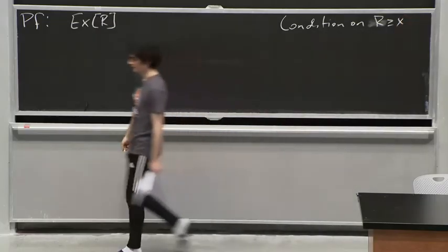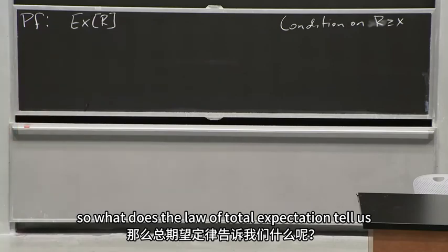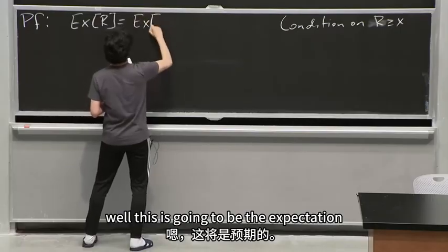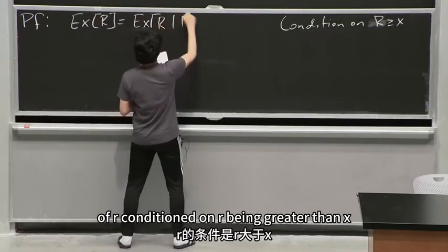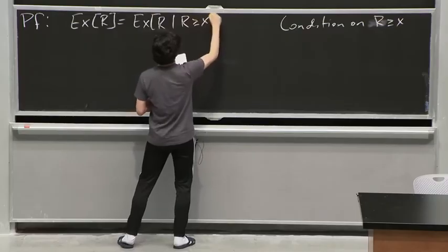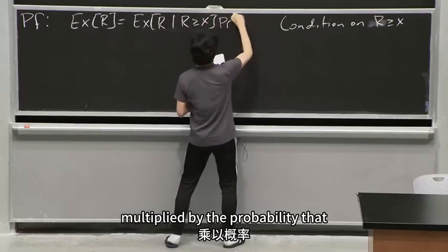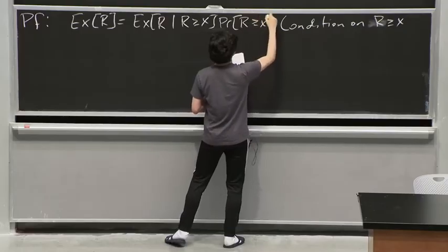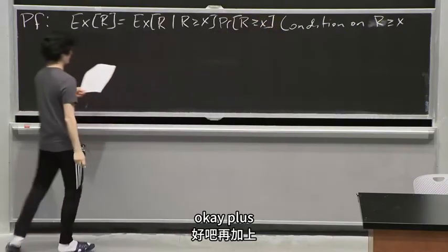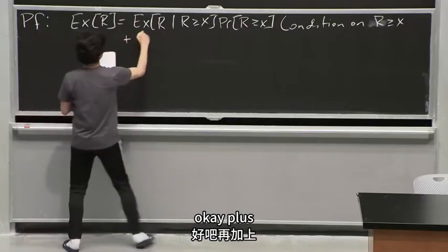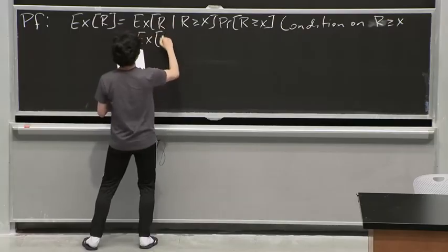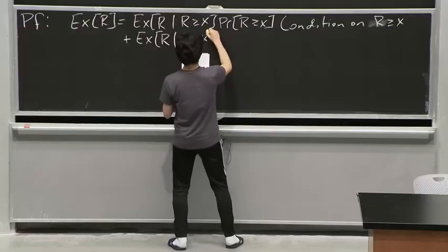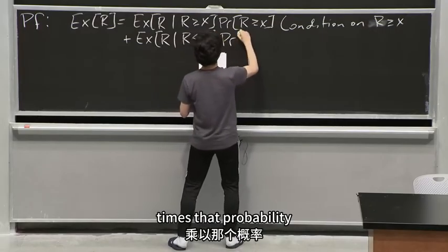Okay. So what does the law of total expectation tell us? Well, this is going to be the expectation of R conditioned on R being greater than x, multiplied by the probability that R is greater than x, plus the expectation of R conditioned on R less than x times that probability.